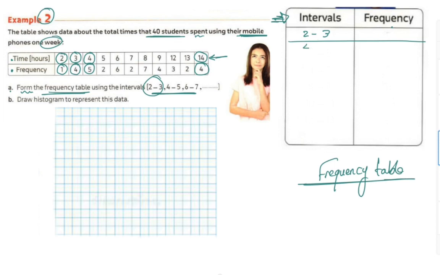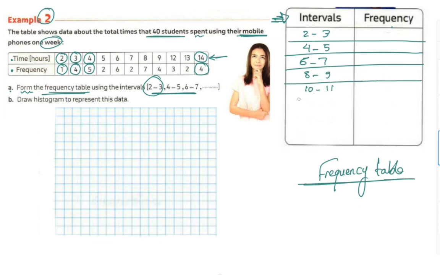Just after 3 will be 4, 5, 6, 7, 8, 9, 10, 11, 12, 13, 14, 15. Now I finished the intervals as hours.